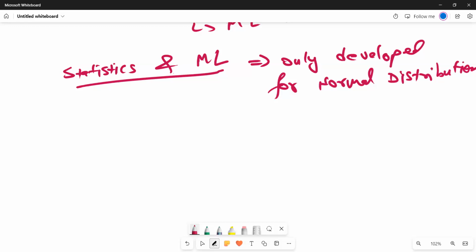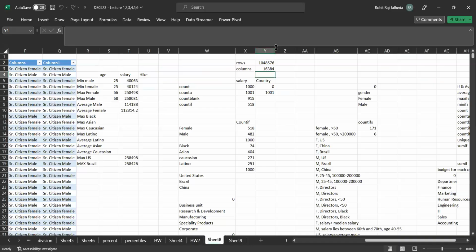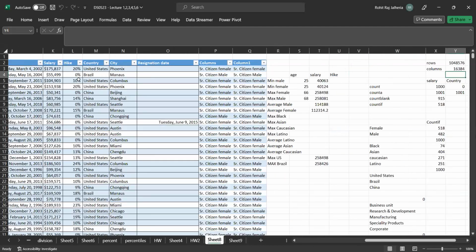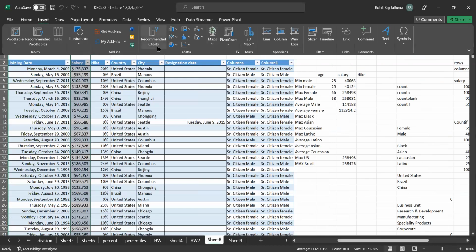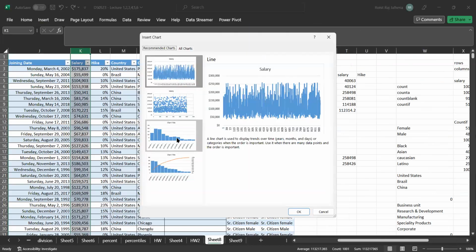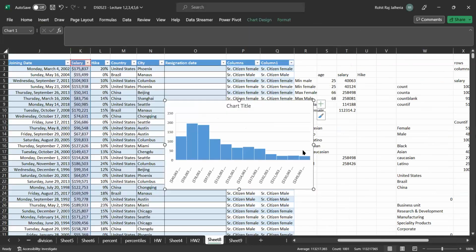Okay, so this is the data, right? Now, if I plot my complete salary column into, let's say, a histogram, right? So let's say this is the histogram, right?